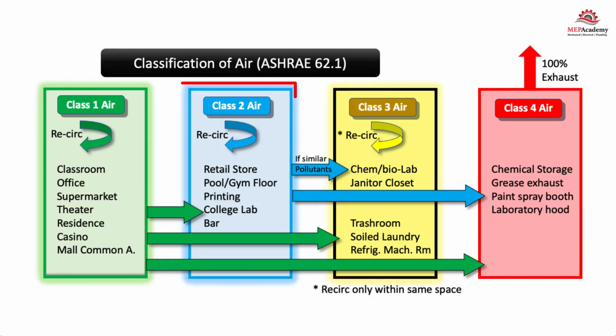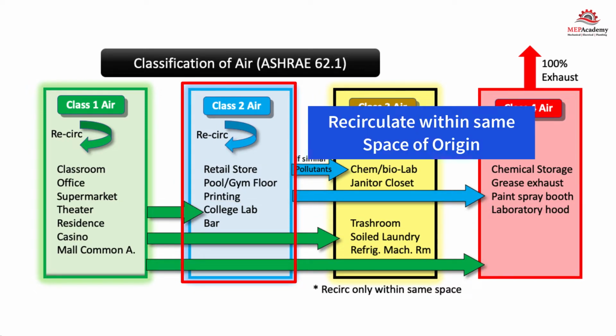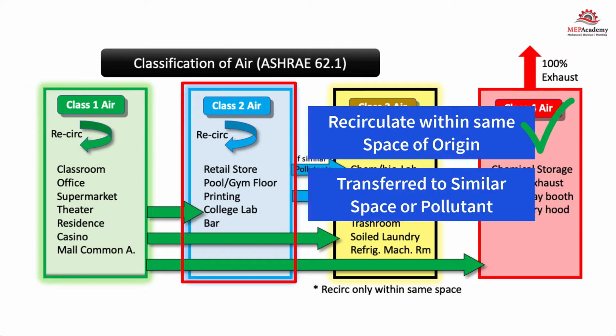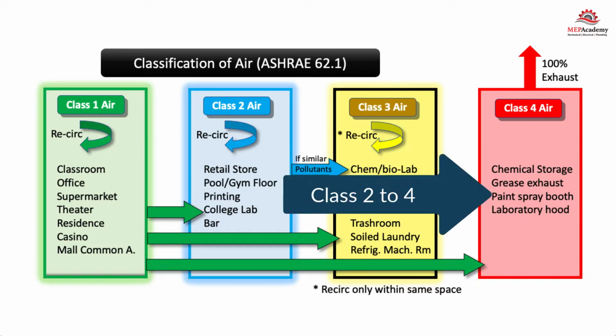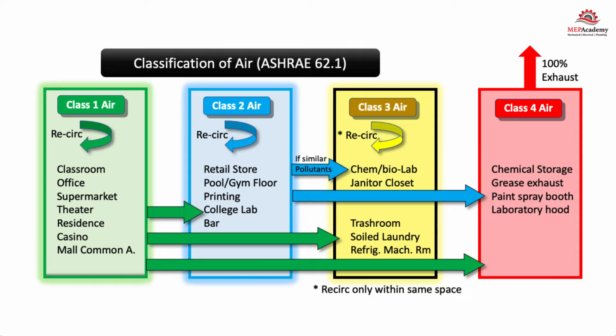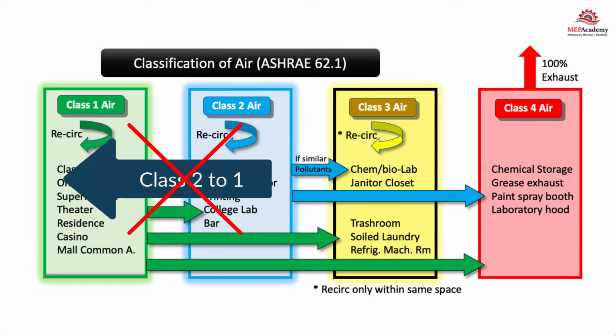Class 2 air can be recirculated within the same space of origin or transferred to another Class 2 or Class 3 space used for similar purposes or has similar pollutants. Class 2 air can be transferred to Class 4 spaces. Class 2 air can't be transferred to the cleaner Class 1 air spaces.